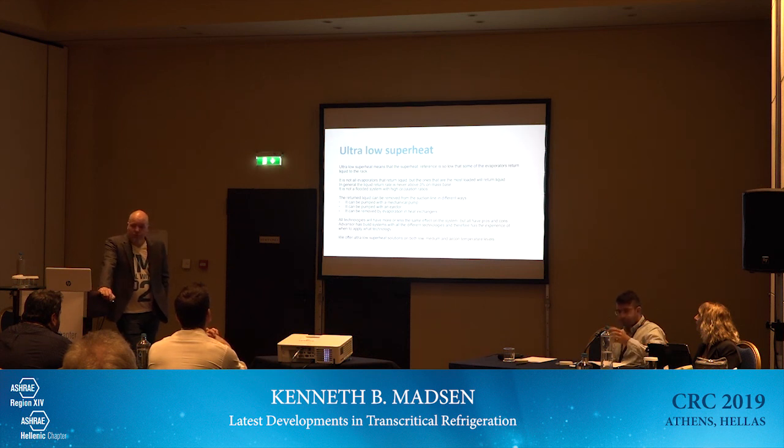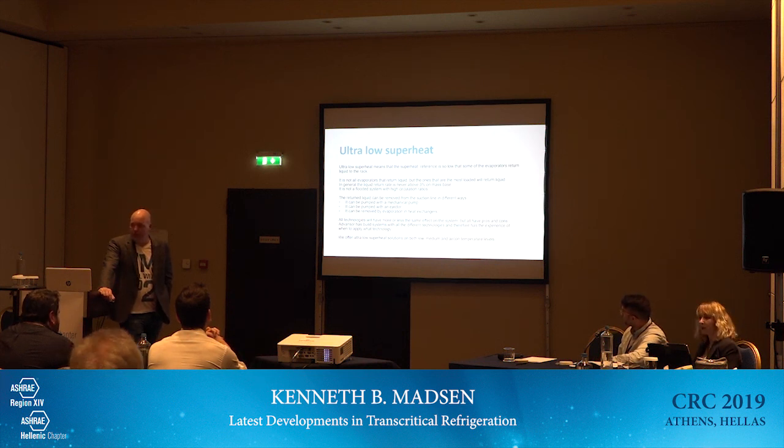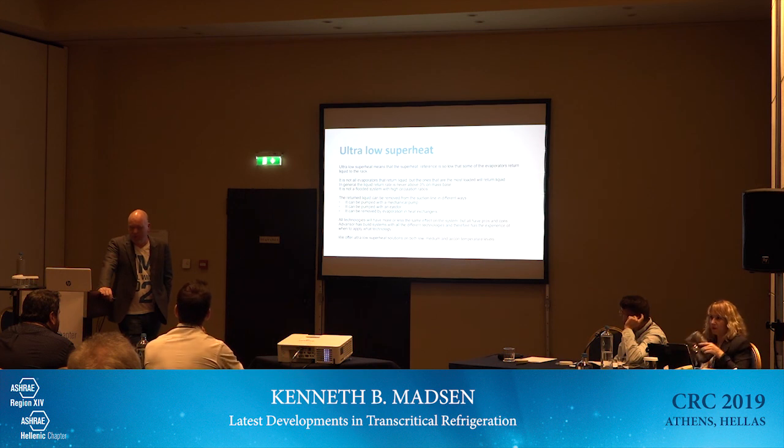First of all, ultra-low superheat is basically just reducing the superheat in the evaporators, and the benefit we get from that is lower density in our evaporators. As a consequence, we can raise the suction pressure of the rack, the compressors, and therefore we can get an energy saving out of that.